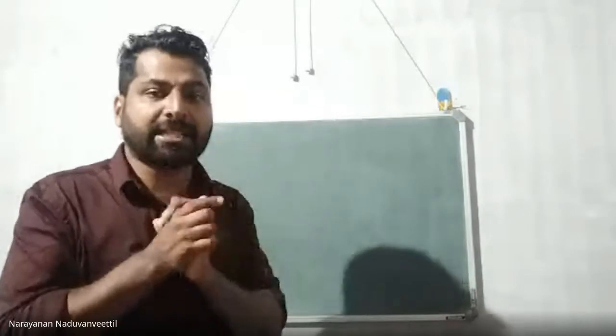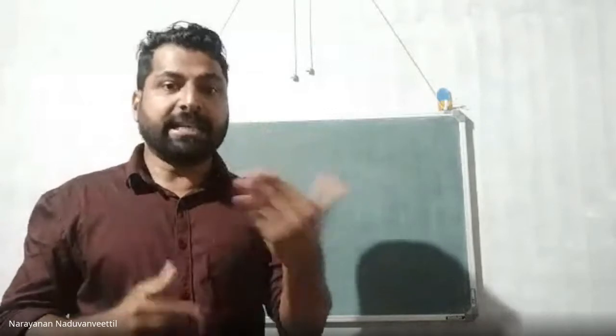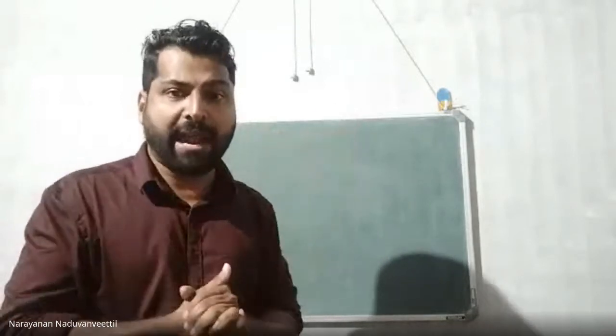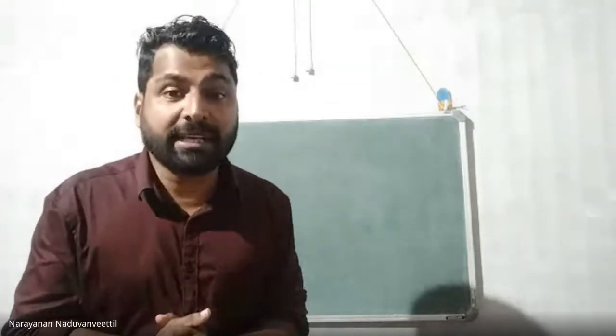If a sentence starts with any of these auxiliary helping verbs and ends with a question mark, that is a yes or no interrogative. If a sentence starts with the WH question words, why, when, where, how many, how long, which, whom, who, and ends with a question mark, that sentence is called a WH interrogative.